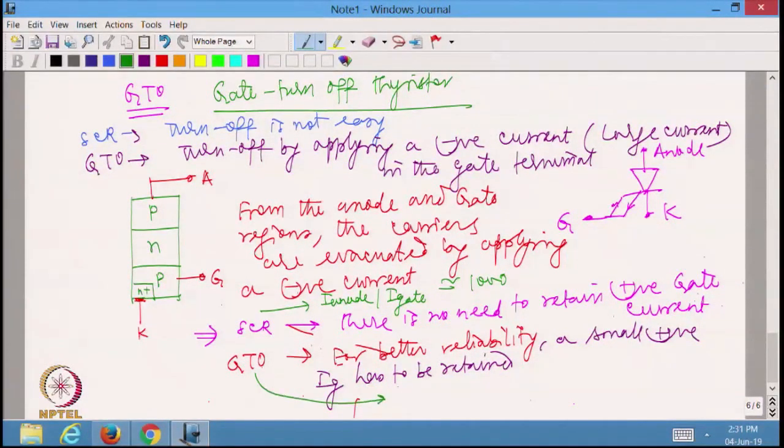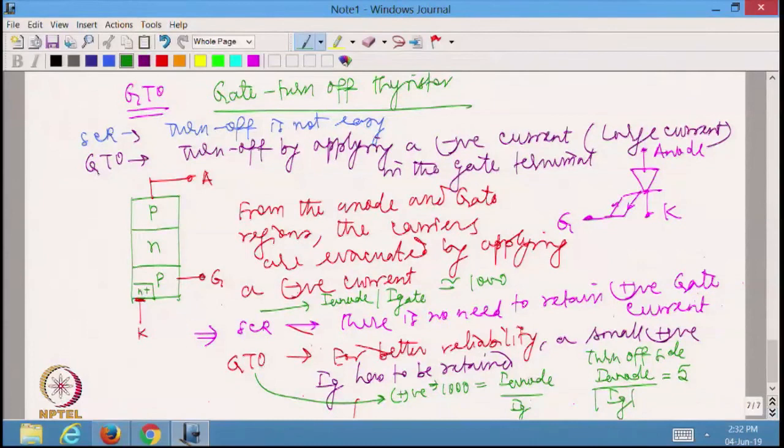Whereas in GTO, on the positive side, I will have a current gain of 1000 approximately, which is I anode by Ig. Whereas if I look at the negative side, that is the turn off side, I anode by Ig magnitude, I am talking about magnitude because it is negative current, will be only of the order of 5 or 6, nothing better than that.